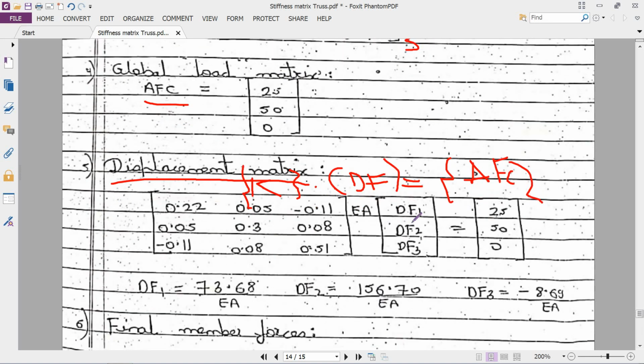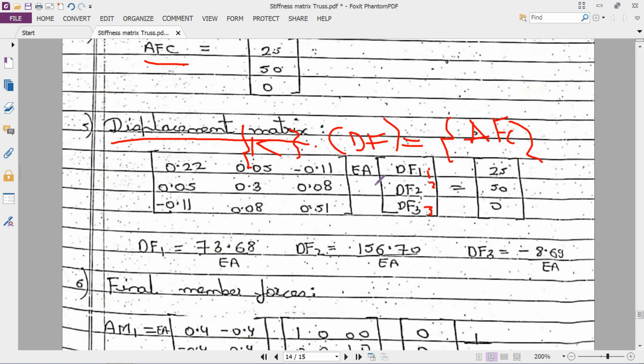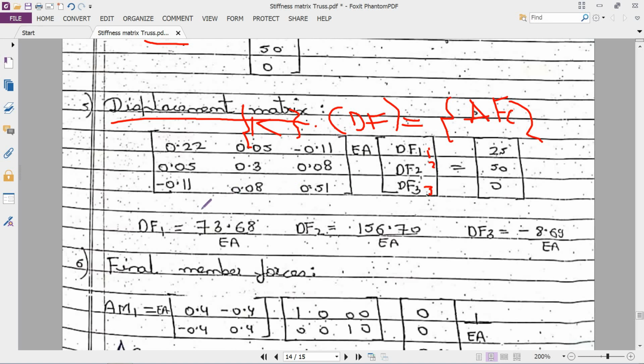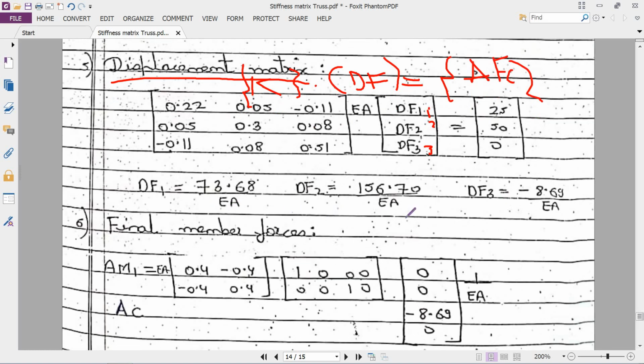Then the DF matrix, that is the unknown we have to calculate, that is 1, 2 and 3, we have to put here. And this is the AFC coordinate that we have calculated in step number 4. Okay, then solve these simultaneous equations in the calculator and you will get the unknown displacements at points 1, 2 and 3. So this will be in the form of EA.